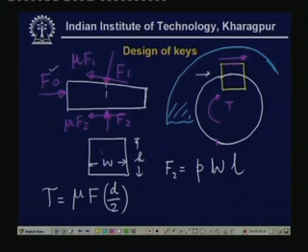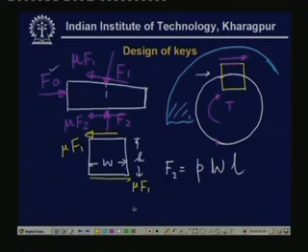If you draw the cross sections, then again we have one component of F1, but there will be one friction force acting over here, equal to mu times F1, and there may be the opposite friction force mu times F1. So these are the free body diagrams, all the forces on the keys.